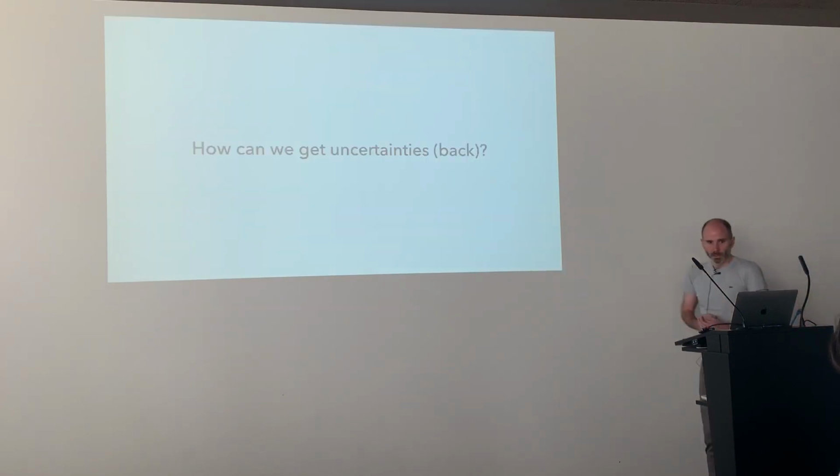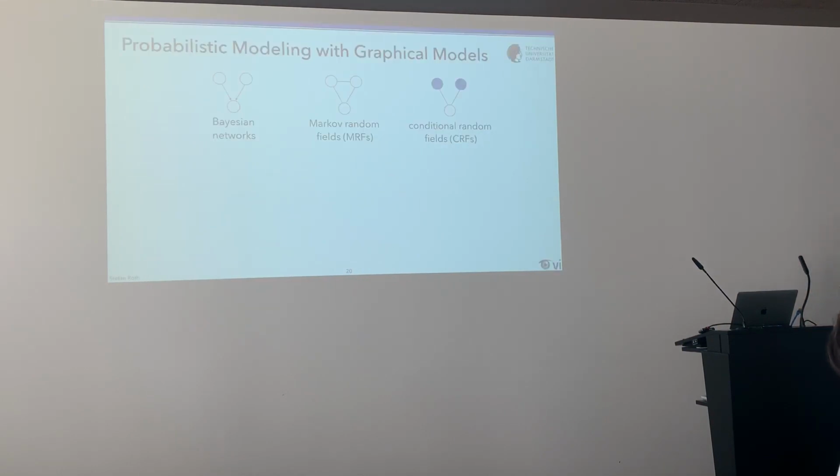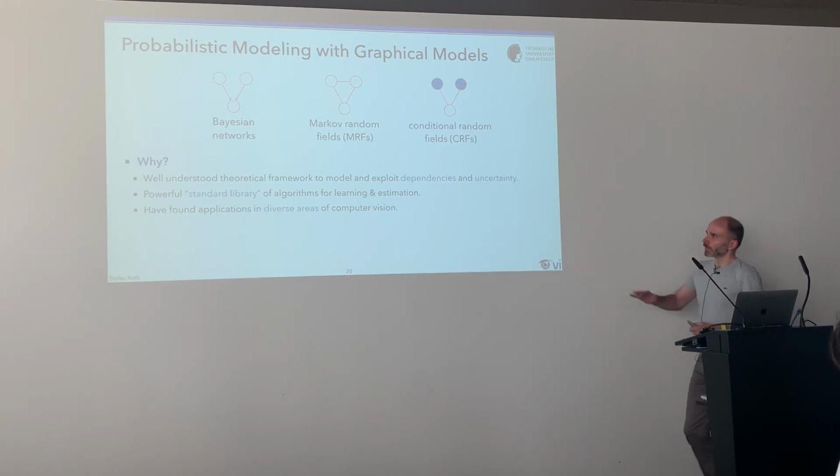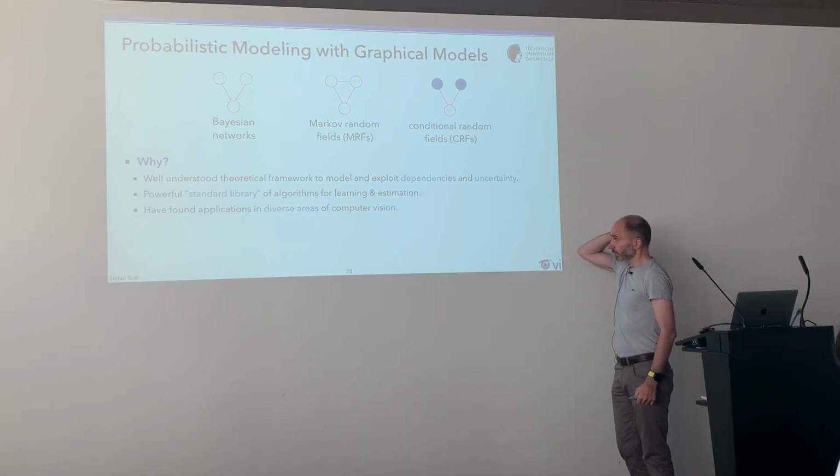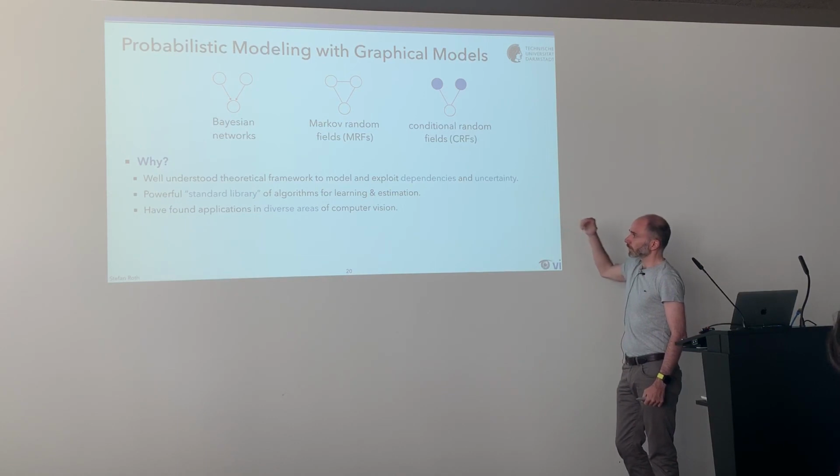Okay? So I want to ask, can we get uncertainties in regression? And in some sense, I would like to ask, can we get them back? Because it's not like we've never had them. In the good old days, we didn't use deep networks, but we used something like Bayesian networks, Markov random fields, conditional random fields. And while the community didn't always do the best job in necessarily taking their probabilistic interpretation very seriously, nevertheless, it's a very well understood theoretical framework for modeling dependencies and uncertainties.